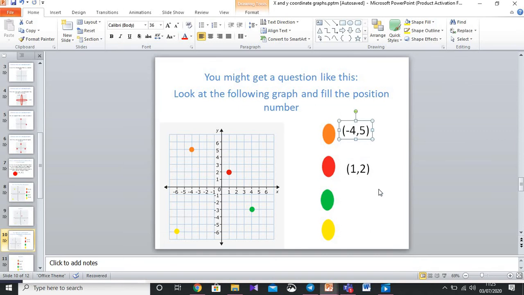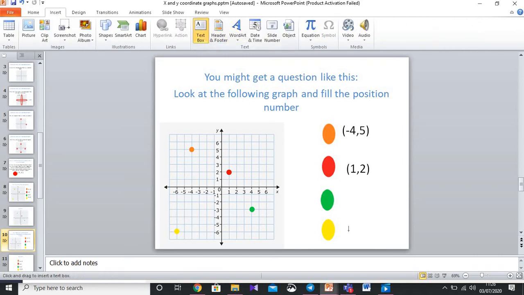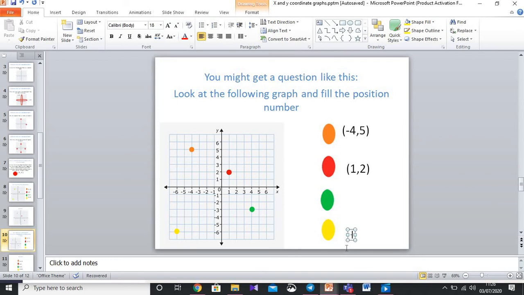Okay. Now let's try the yellow dot. -6 from the x-axis and -6 from the y-axis. So we can write as bracket, -6 from the x-axis, comma, -6 from the y-axis.